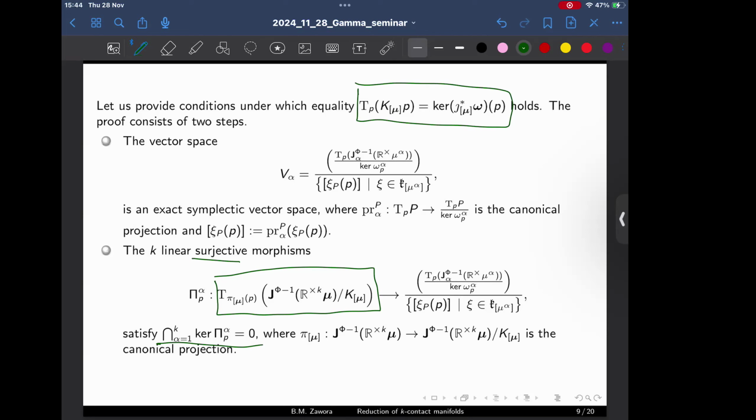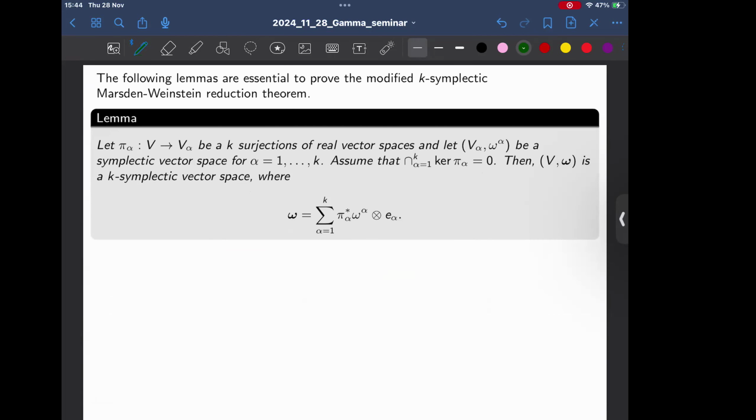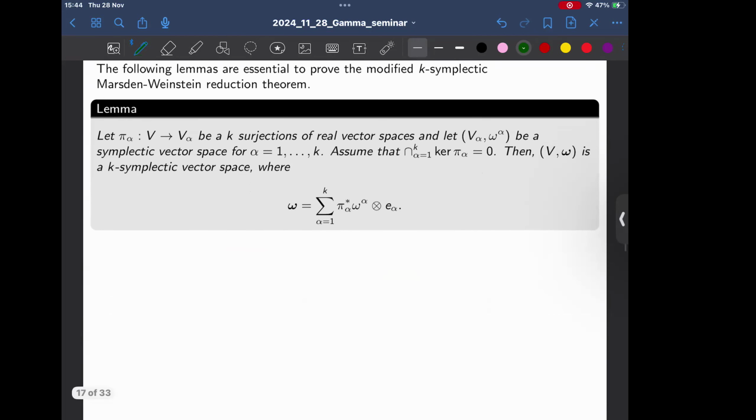So what's the main idea behind this proof? Basically, the result will follow from this lemma. We start with some collection of symplectic vector spaces (V_α, ω_α).